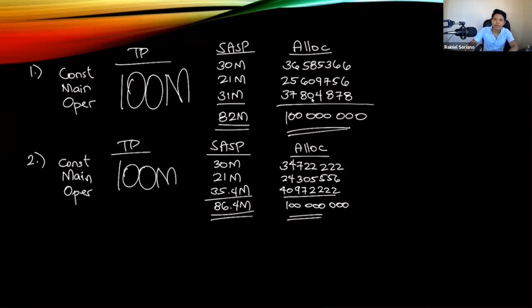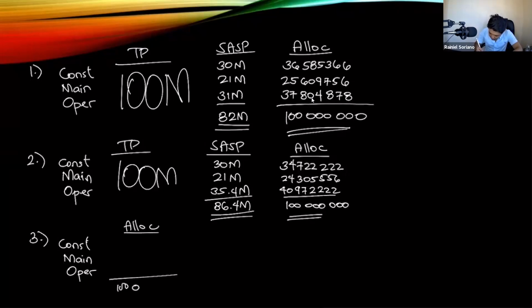Okay? And one last thing will be the residual approach, for construction, maintenance, and then operation. So here, in the residual approach, see to it that when we allocate, we go straight to the allocation. It's called the residual approach because the residual amount will be allocated to the performance obligation that has no standalone selling price.